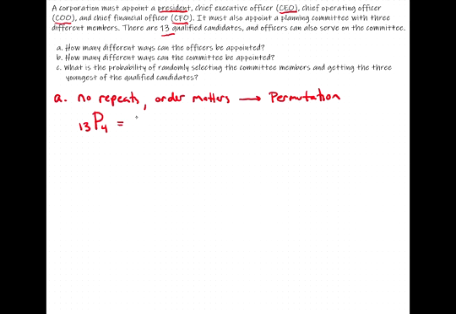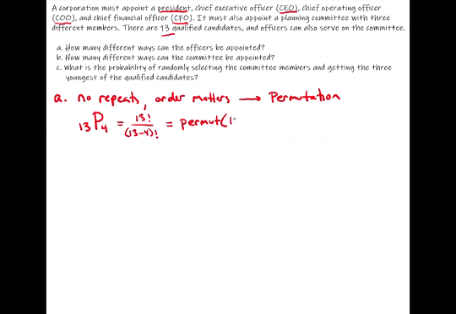Now we have a formula for this, and we could use a calculator. So that's 13 factorial divided by 13 minus 4 factorial. But I'm going to use Excel to calculate the permutation. And on Excel, the Excel function is PERMUT. That's the permutation formula on Excel.